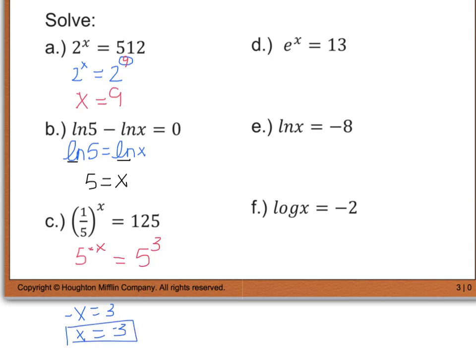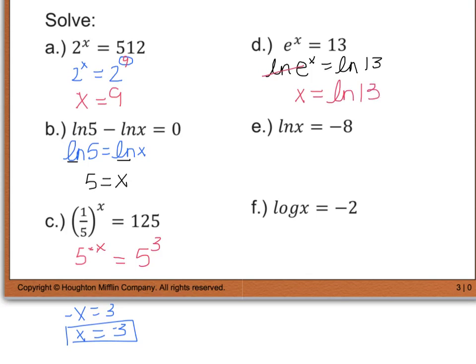If I go on to D, I can actually use my inverse property because I have e to the x equals 13. This one's a little more complicated to solve, but I know that I can cancel out that e with a natural log. So if I take the natural log of e to the x, and I take the natural log of 13, my natural log and e are going to cancel out, and I'm going to be left with x equals the natural log of 13.